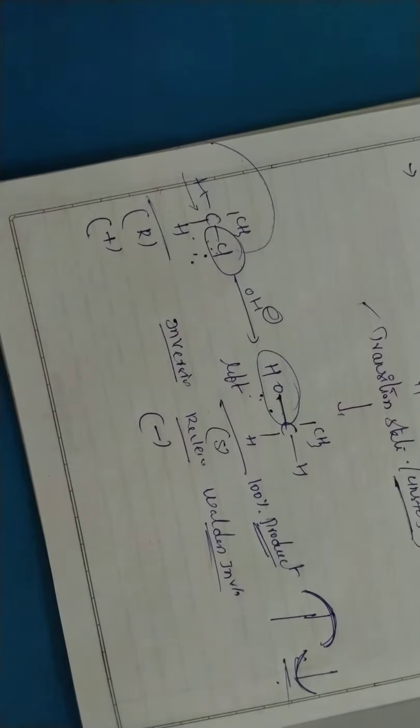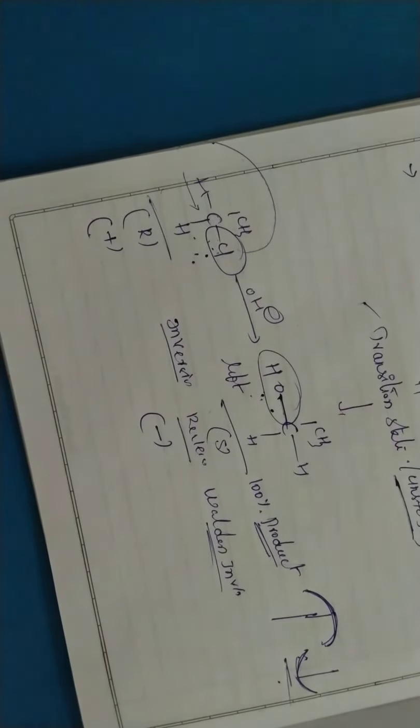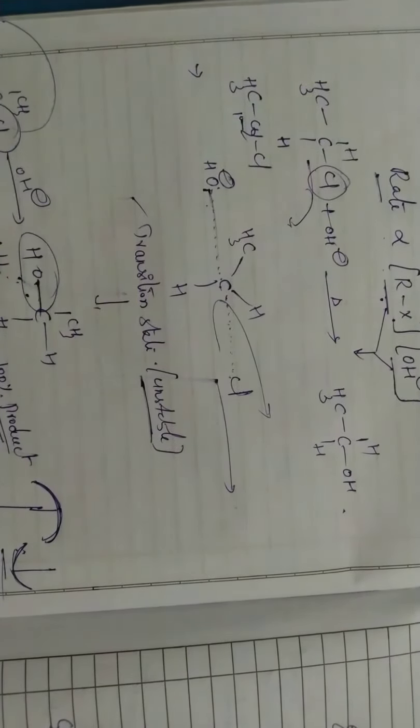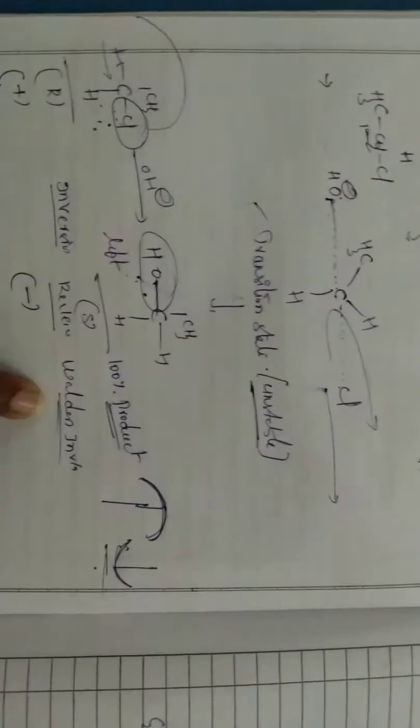It is about SN2 reaction. So in SN2 reaction, primary alkyl halides are undergoing, and next in SN2 reaction there is only one step, and there is no particular stable intermediate, we have only transition state that is very unstable. And next the product is the Walden inversion product.